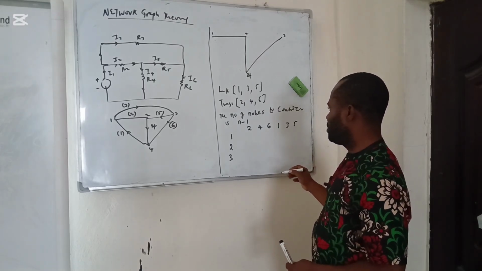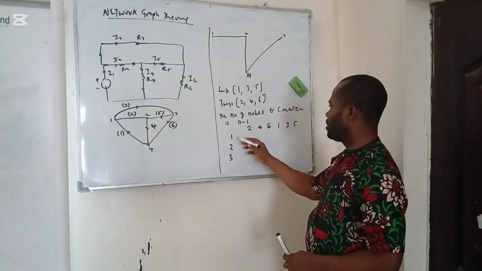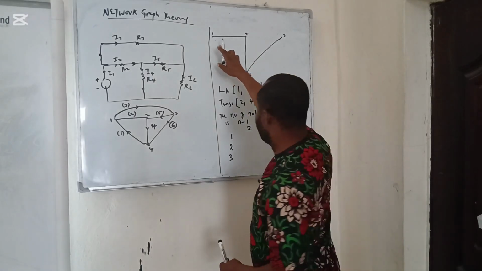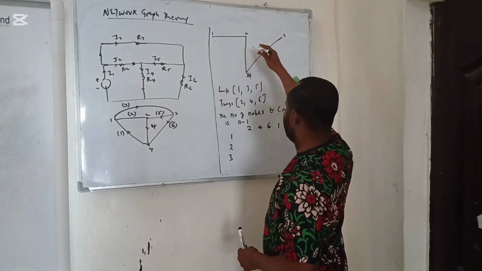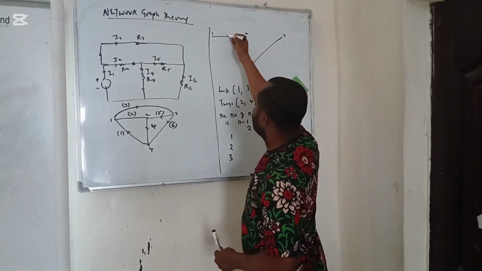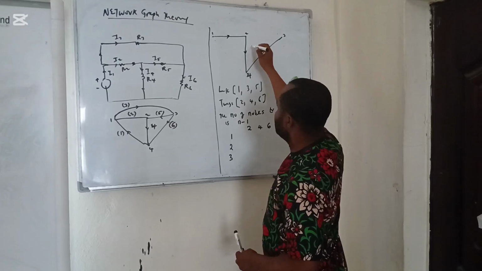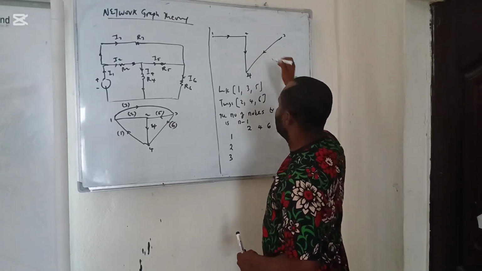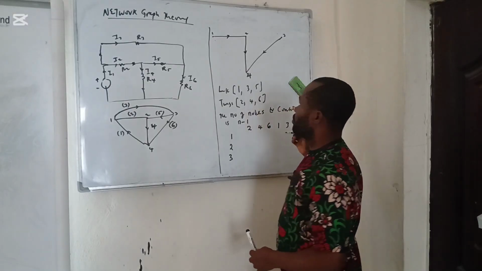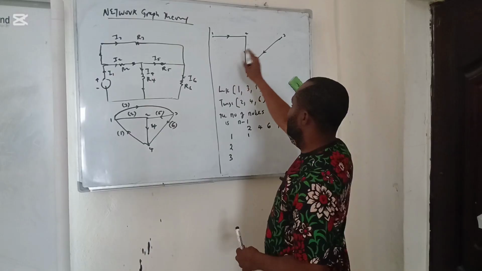So let us see the relationship between the nodes and the branches. So this is node 1, and what is it with branch 2? According to the arrow, branch 2 with respect to node 1 is 1 because it's moving away.